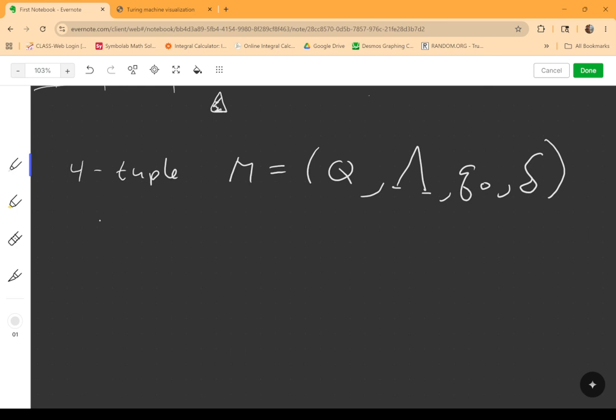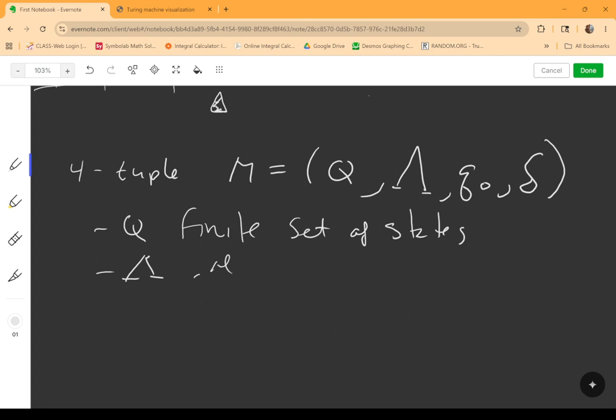Where Q is a finite set of states, and lambda is an alphabet that includes the blank symbol.